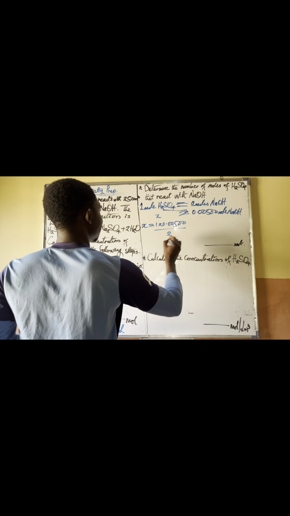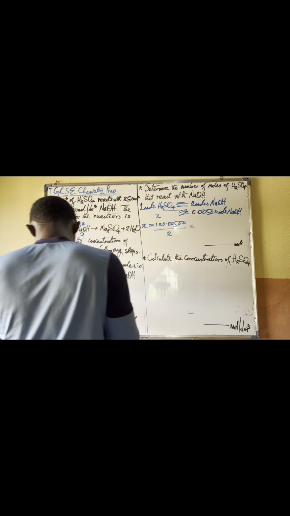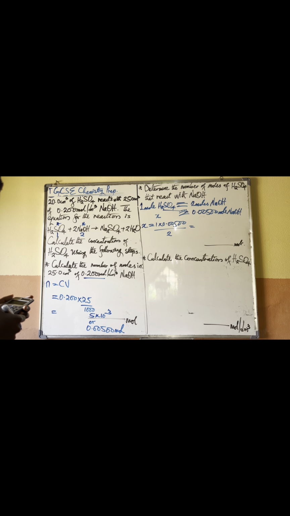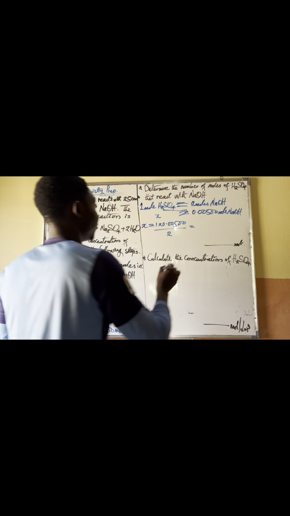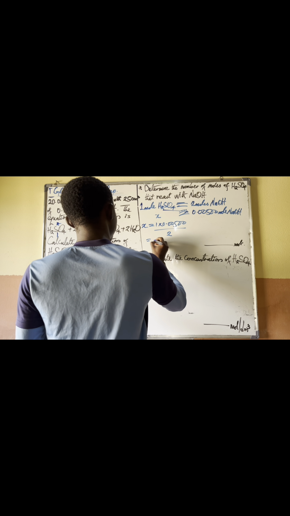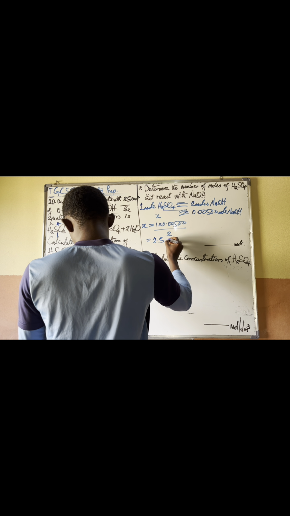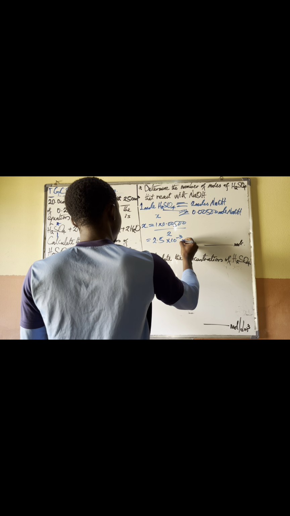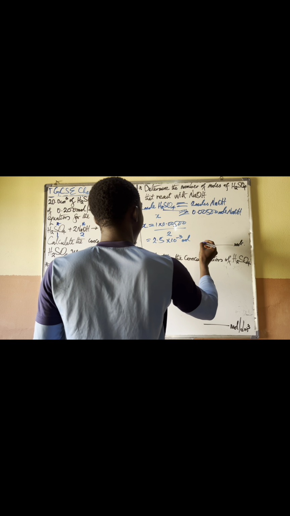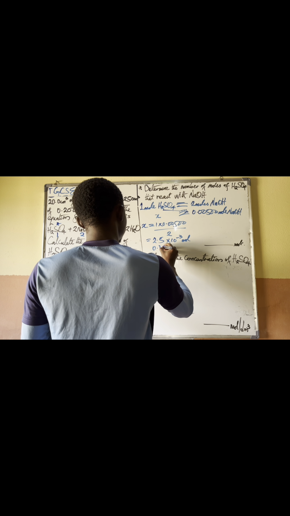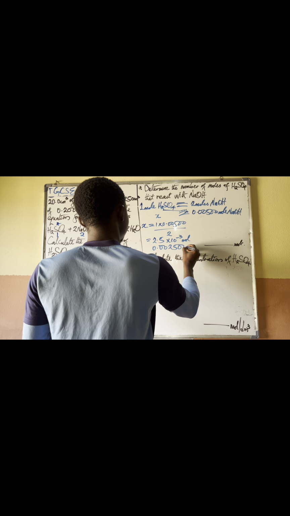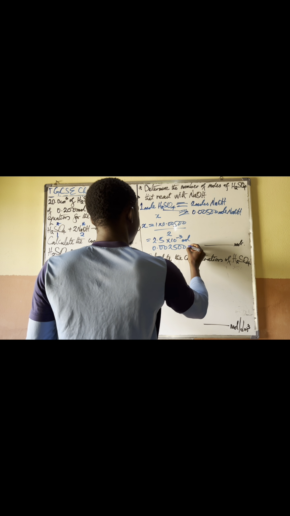If we do this, we can write the answer in 2 ways. In standard form it is 2.5 times 10 raised to the power minus 3 mole, or 0.002500, because this is 1, 2, 3 mole.